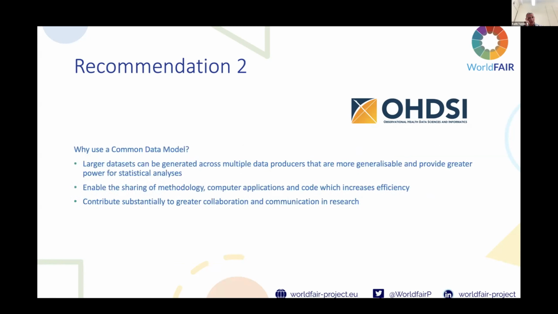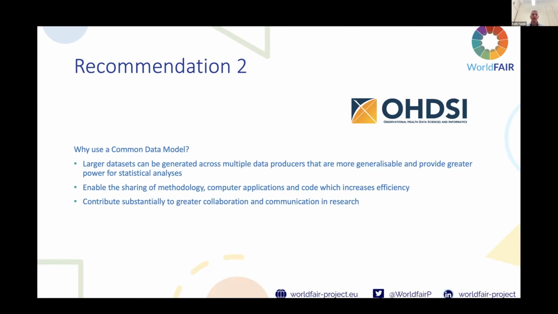There are numerous advantages to using them. The first, from my own standpoint as an epidemiologist, is that the more you bring data together, the more that it's harmonized, the greater the data sets that you have, more generalizable data as a result, and you have greater power for statistical analyses. And this was among some of the main motivations for a study like ALPHA in the first place. We wanted to be able to make decisions that were applicable in a greater range of settings and that were more robust because of the volume of data that we were using.